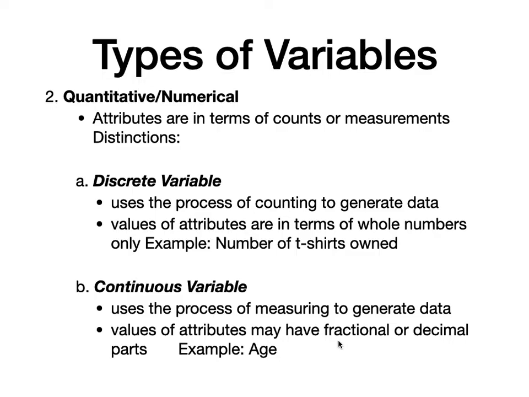So the moment the variable is generated by measuring and you end up with fractional or decimal values, you may not always end up with whole numbers. Therefore, that type of quantitative variable is continuous. So for example, say age. Say the age of the person is 12.3 years old. In that case, age is a continuous variable.